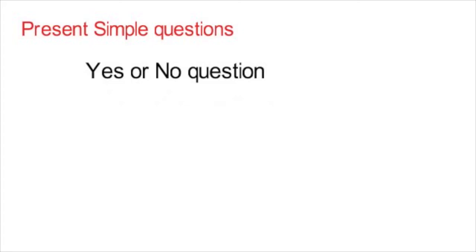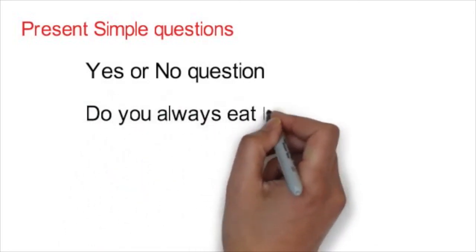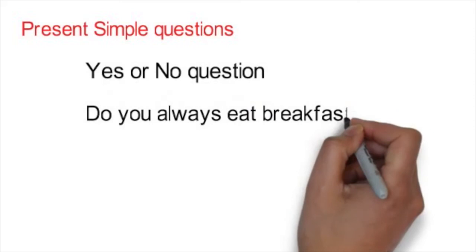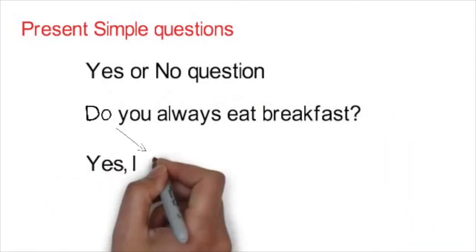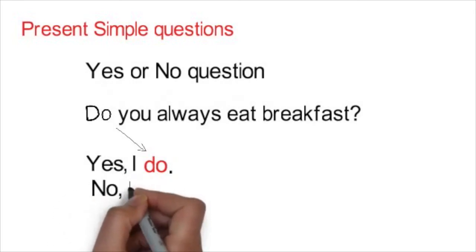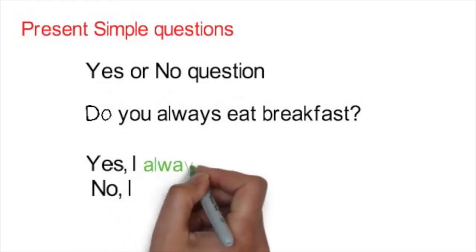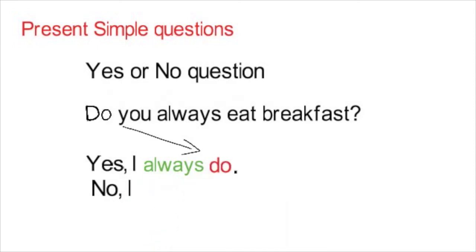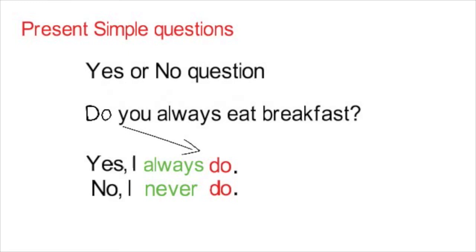For example, with the question, "Do you always eat breakfast?" The answer would be, "Yes, I do," or "No, I don't." You can also answer with always or never. So you can say, "Yes, I always do," or "No, I never do."